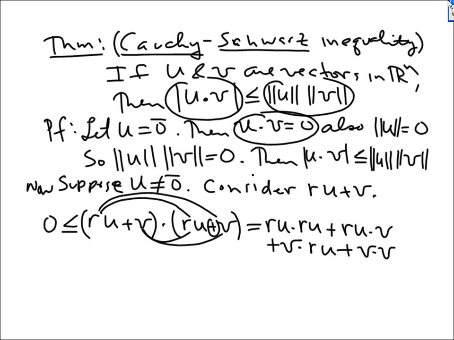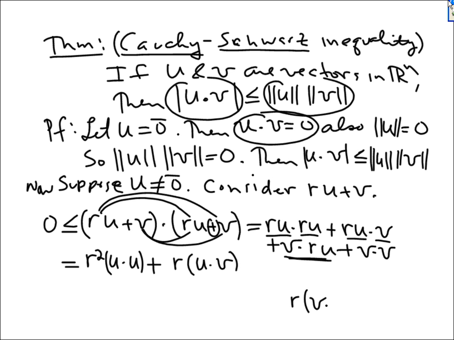This is equal to, pulling the r's out of ru dotted with ru, r squared times u dot u, plus r times u dot v. But this here is the same as r times v dot u, and v dot u is the same as u dot v. So we're adding two of them, plus v dot v.